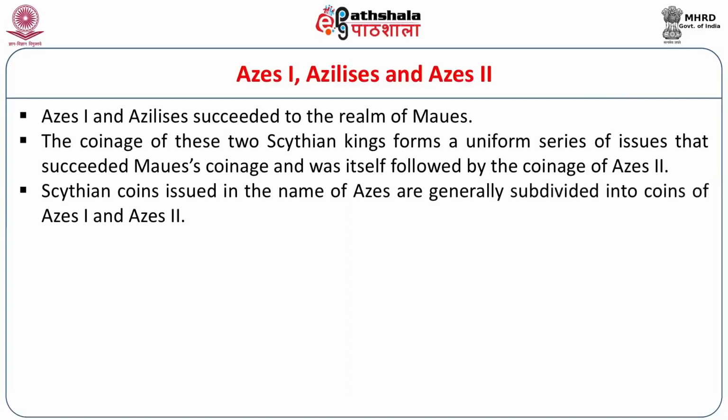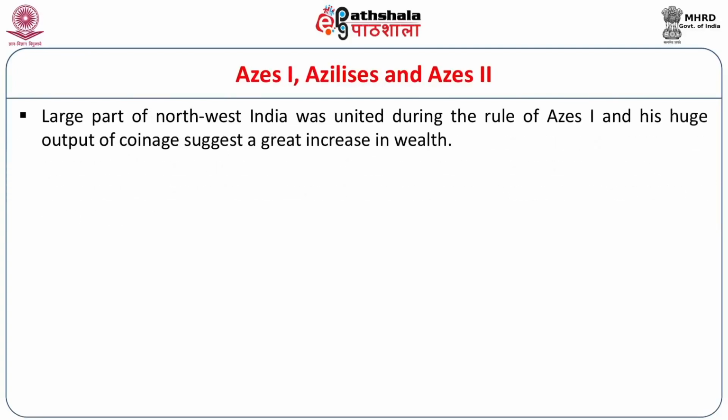A recent study by Robert Senior argues that there was no Azes II, only one Azes, but this is not accepted in general. Therefore, we have two rulers in the name of Azes, Azes I and Azes II. A large part of northwest India was under the control of Azes I, and his huge output of coins suggests a great increase in coinage, leading to an increase in wealth.